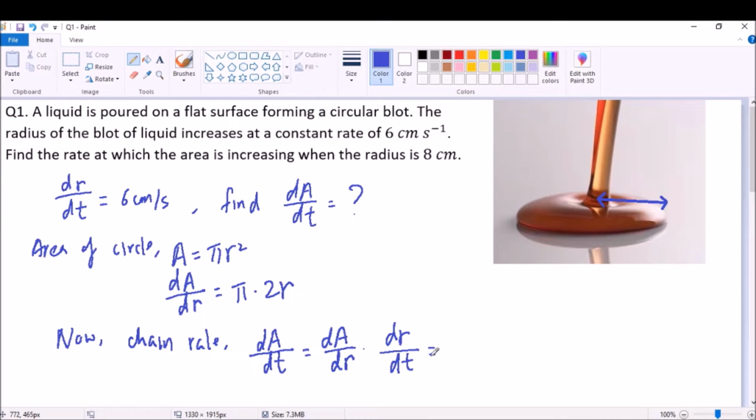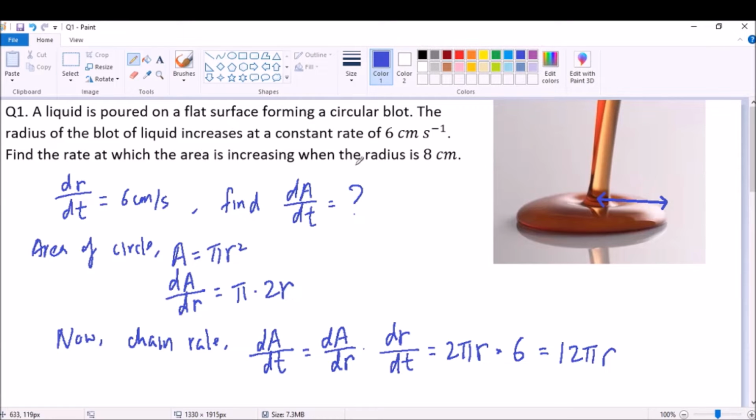So we know that dA over dr is 2 pi r, whereas dr over dt is given as 6 cm per second, multiplied by 6. So we have 12 pi r.